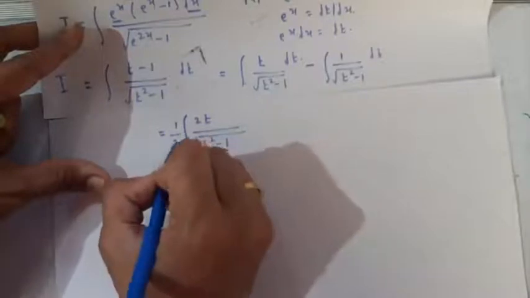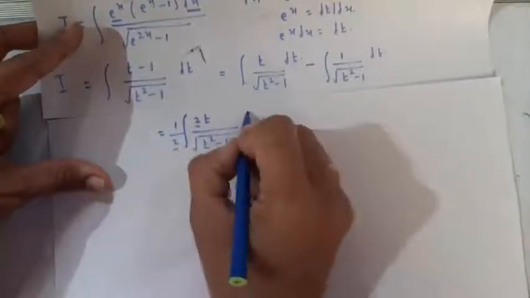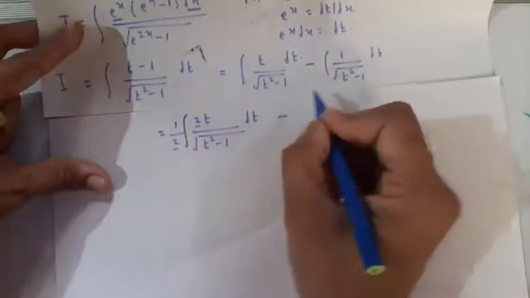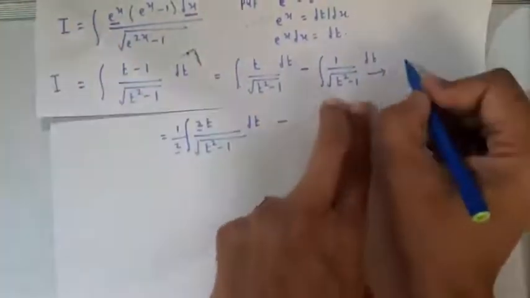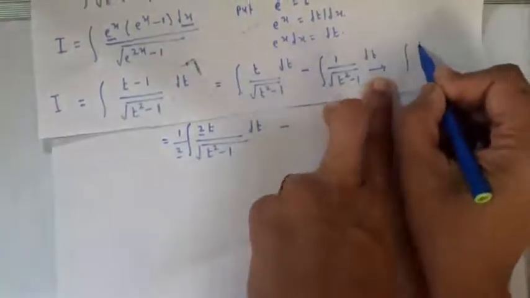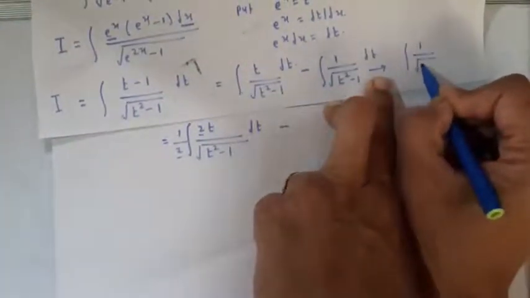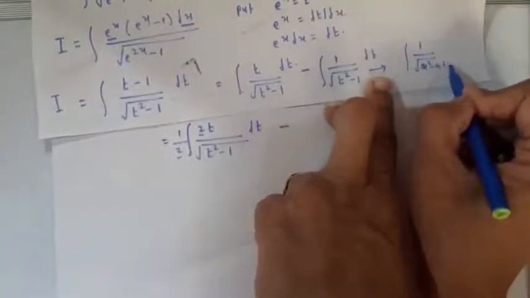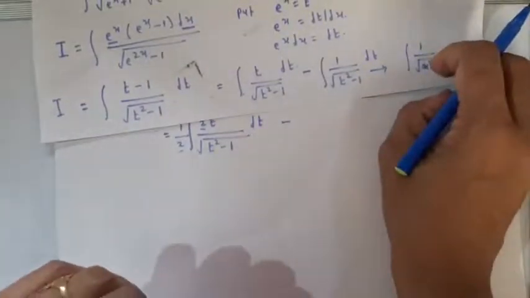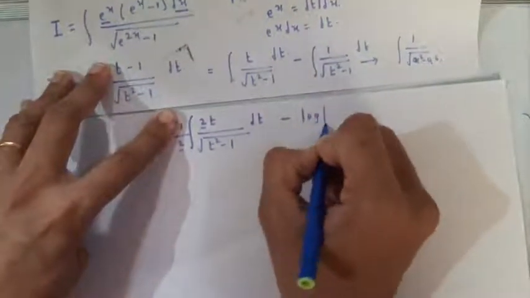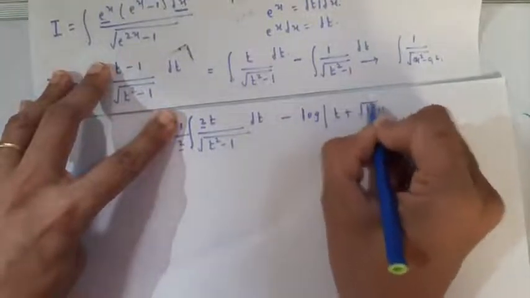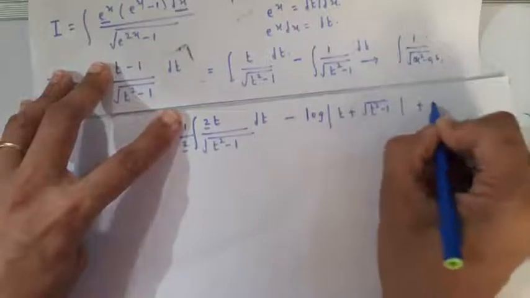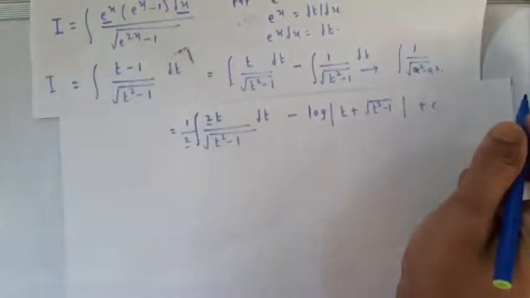This is of the form 1 upon square root of x square minus a square, whose integral is log of t plus square root of t square minus 1, plus the constant of integration c.